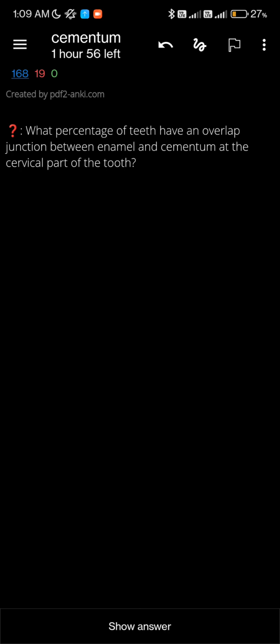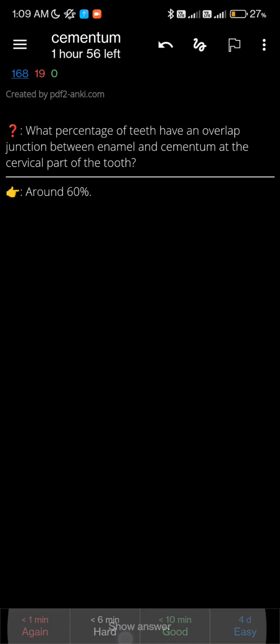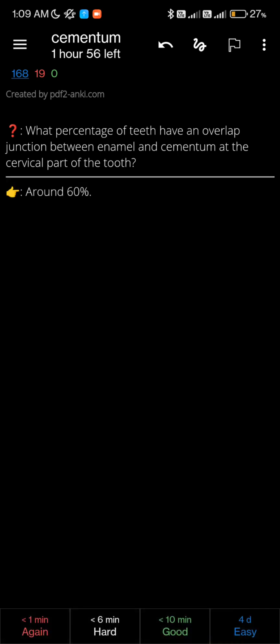What is an overlap junction? Overlap is about 60%.